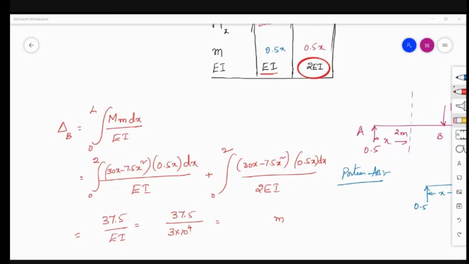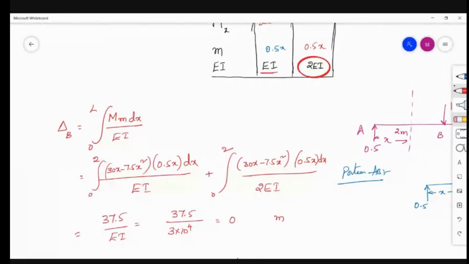So you will get the deflection as 0.00125 meters or 1.25 mm. Multiply with 1000 to get in mm. 1.25 mm.